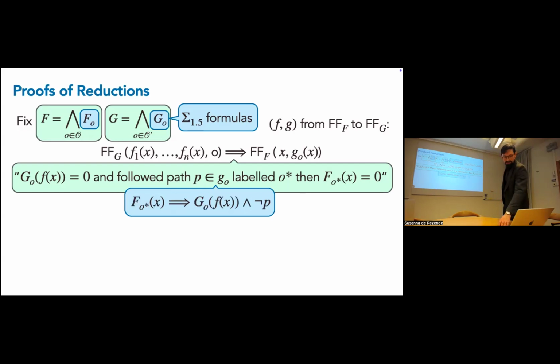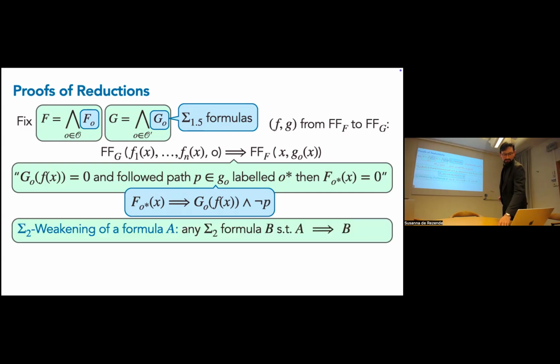So we can reverse this implication and get that if you falsify the O starth subformula of F, and you follow the path, then the Oth subformula of G, after you stick in the decision trees for each variable, and you follow path P, is going to be falsified, or is going to be implied by this.